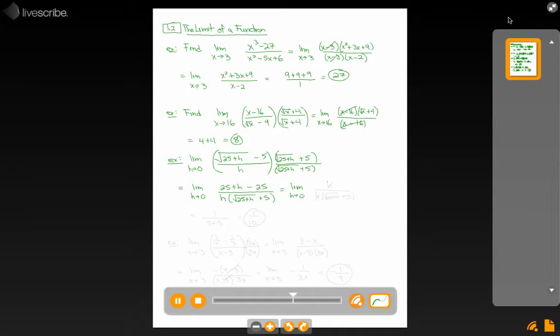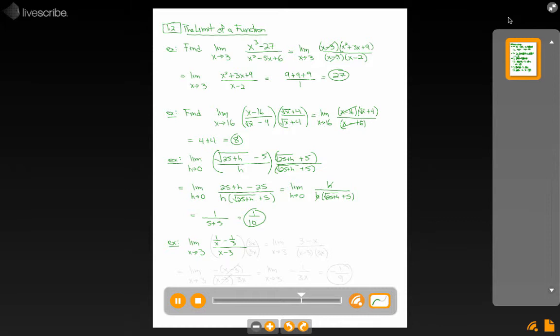The 25 minus 25 is 0, so I've got h over h times (square root of 25 plus h plus 5). Good news, h and h cancel out. That was my 0 over 0 problem, so now I have 1 over 5 plus 5, which equals 1 over 10.